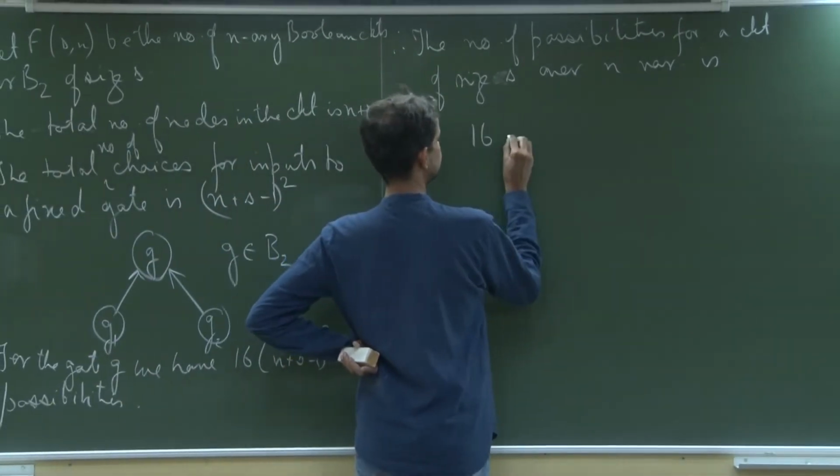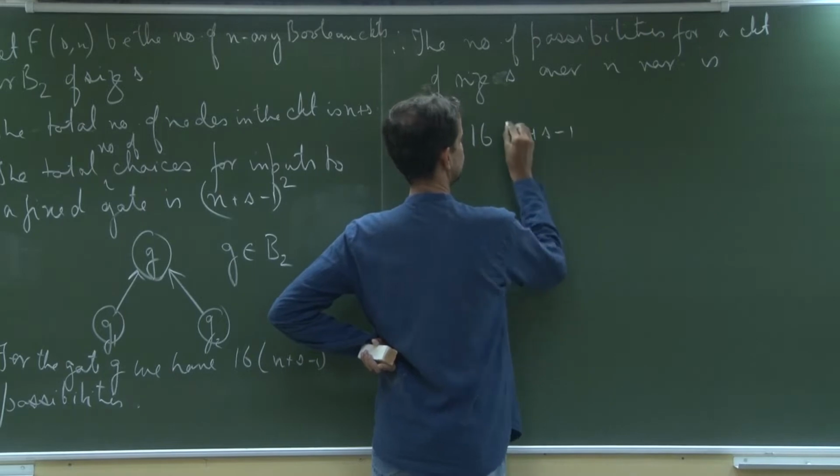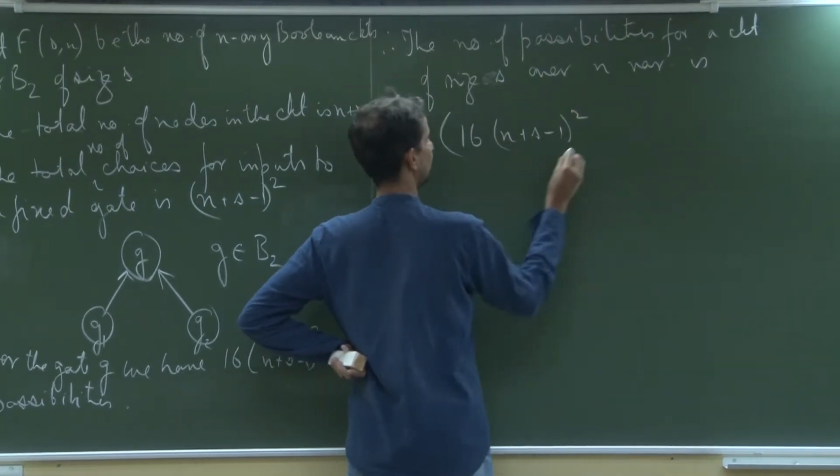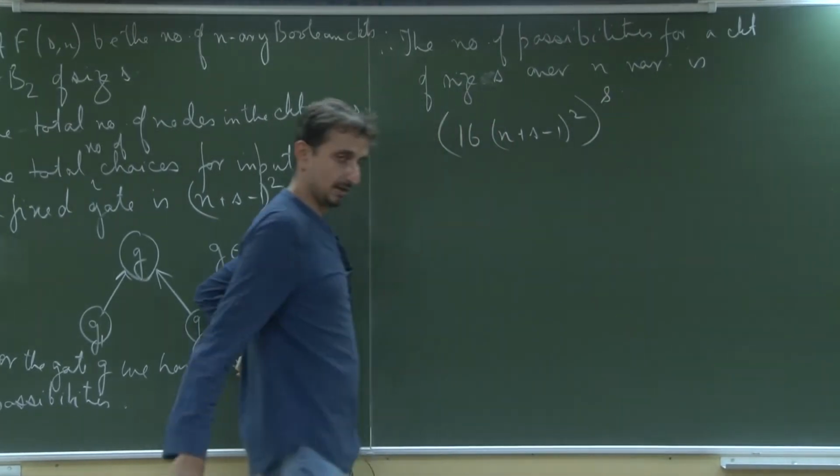So, it will be 16 times n plus s minus 1 whole square, whole to the power s.